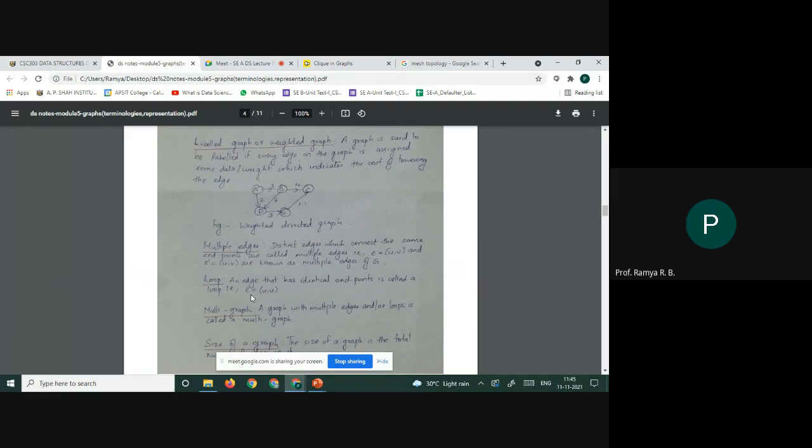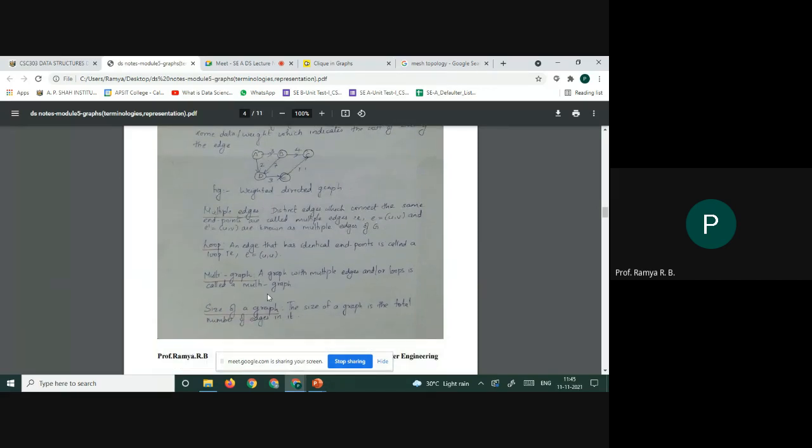Now, multi-graph. What is meant by a multi-graph? A graph with multiple edges and or loops is called a multi-graph. So a multi-graph can have multiple edges. It can also have loops. So what is a multi-graph? A graph with multiple edges or loops is called a multi-graph.